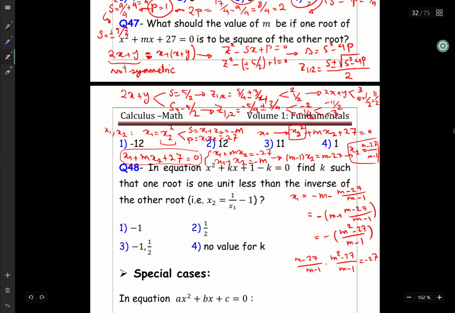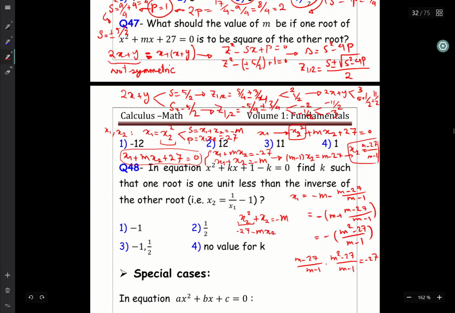So x1 plus x2 is negative m, so x1 is x2 squared plus x2. So I'm substituting for x1 in the sum, which is negative m, okay? And the same thing, x2 squared is minus 27 minus m x2.